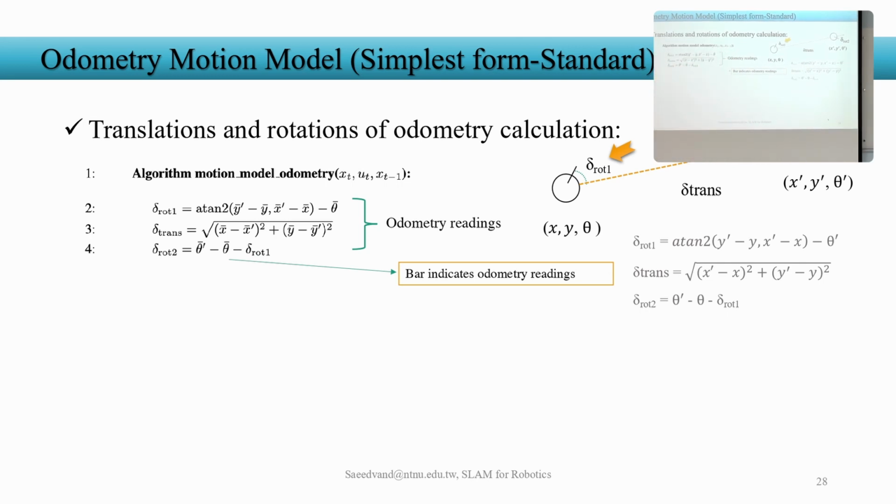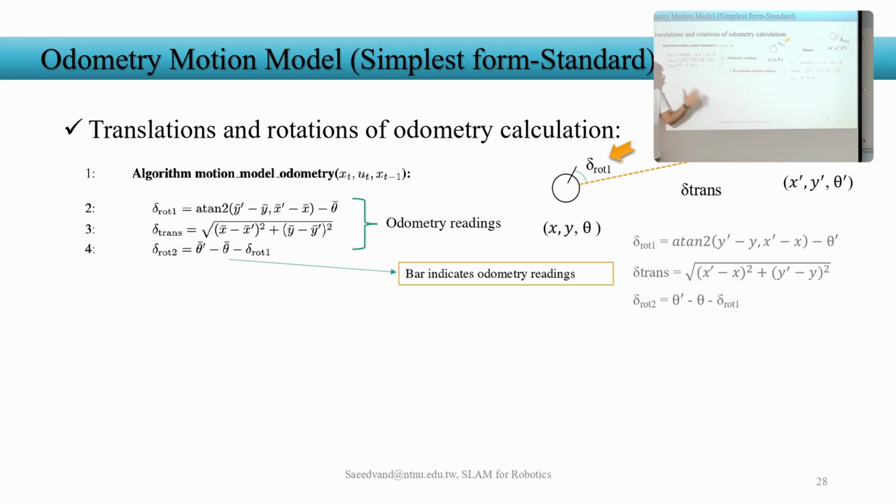If you want to bring it into algorithmic mode, what we need as input is the pose, the control command, and the previous pose. And what we can do first of all is calculate the odometry reading. What does it mean?